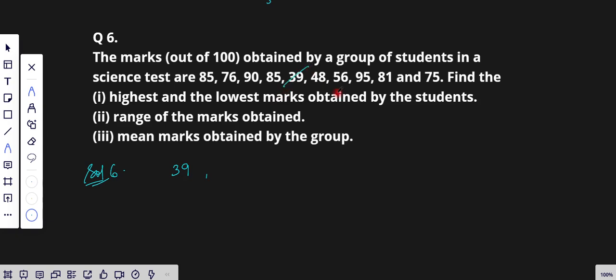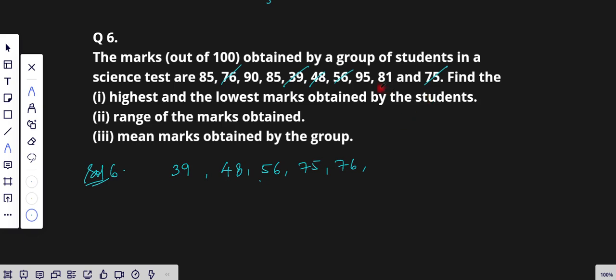After 39, I'm just cutting these values. The next value is 48, then 56. Then the next value is 75, then 76, then 81.